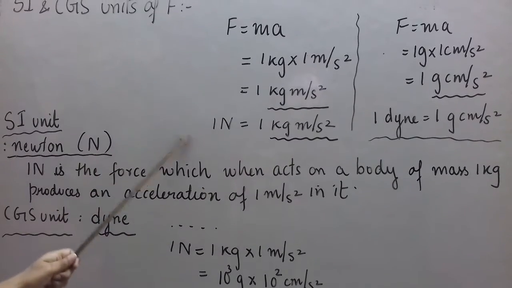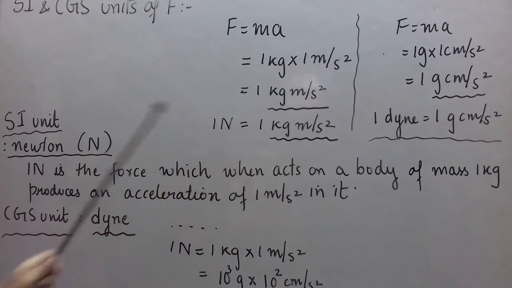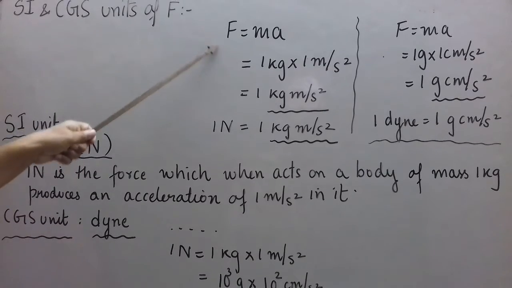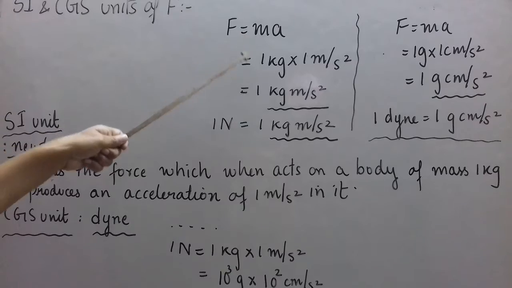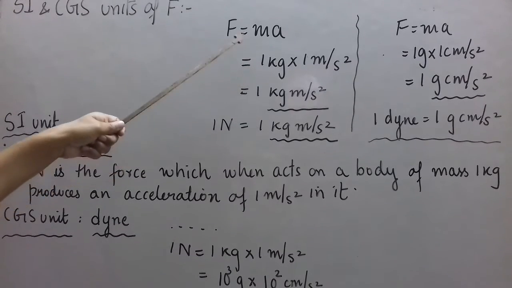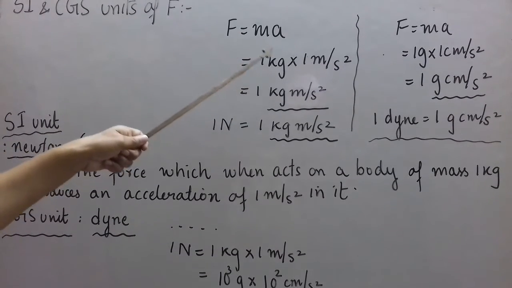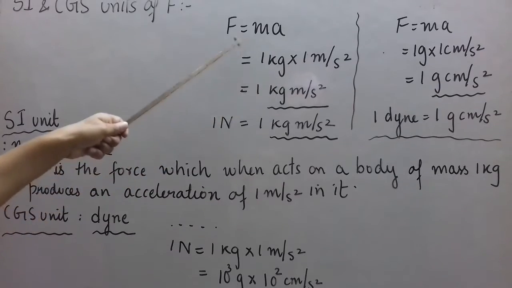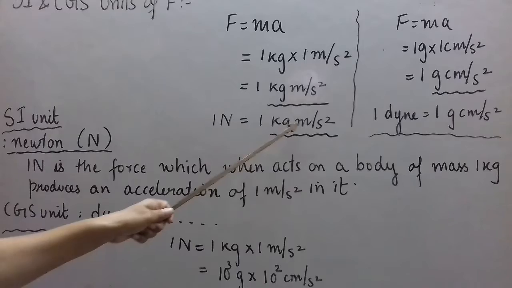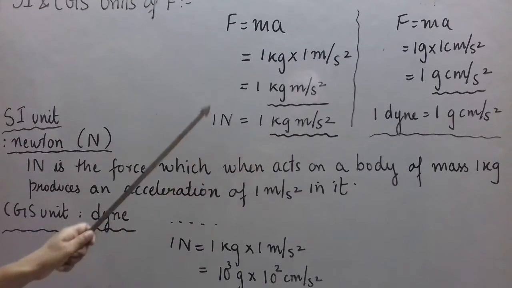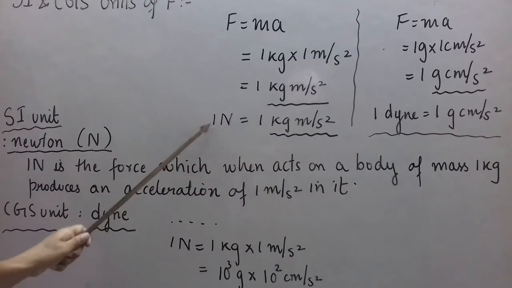Now how will we define this Newton? Just see this expression. Here on the right hand side, I have taken each value to be equal to 1. This mass is 1 kg, acceleration is 1 meter per second square, and the answer is 1 kg meter per second square. But kg meter per second square is Newton, so this is nothing but 1 Newton.